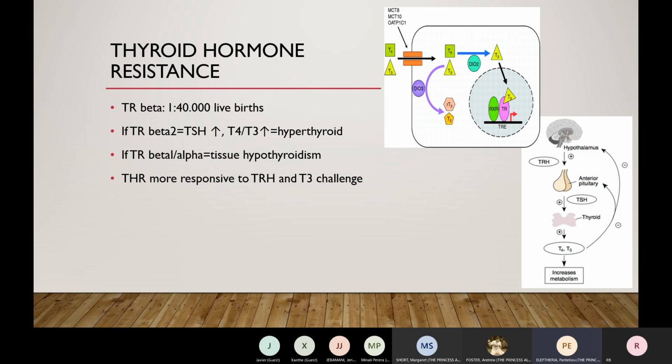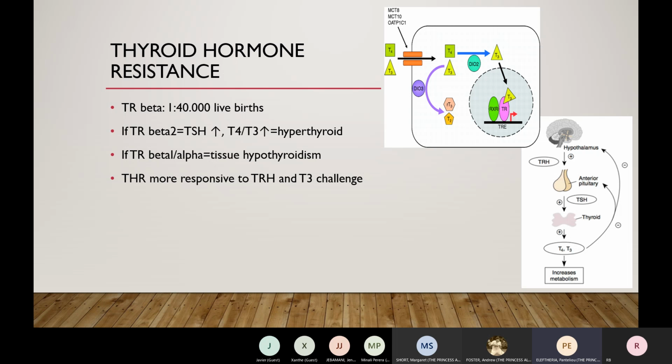Now, thyroid hormone resistance is a rare condition. The most common type is when there is a mutation in the beta-2 thyroid receptor. If you remember, this is the centrally located thyroid hormone receptor, the one that sits in the pituitary and the hypothalamus.